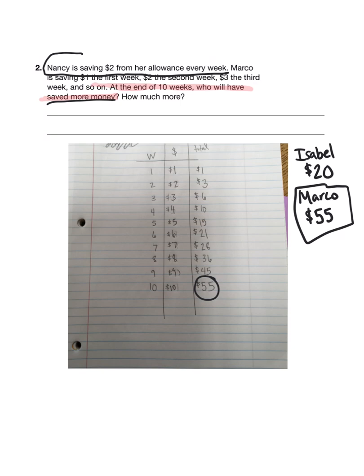Bonus points if you can figure out a system that we could have used, maybe using a variable like the letter W or maybe the letter X. See if you can find out a system that we could have used to calculate the total amount of money that Marco would have saved for any number of weeks.